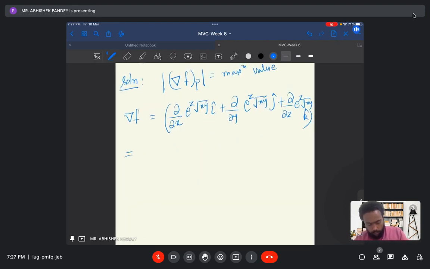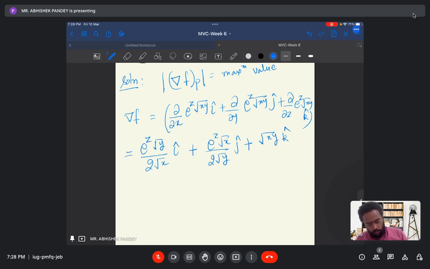So this you will get e to the power z root over y upon 2 root over x I cap plus, with respect to y del, so this will be e to the power z root over x upon 2 root over y j cap plus root over xy k cap.